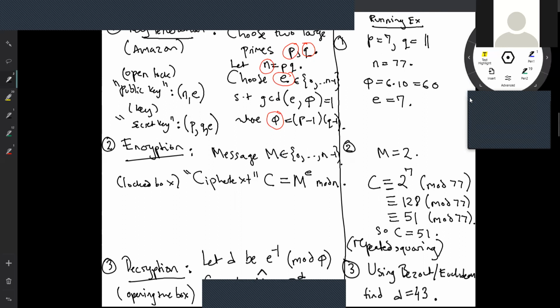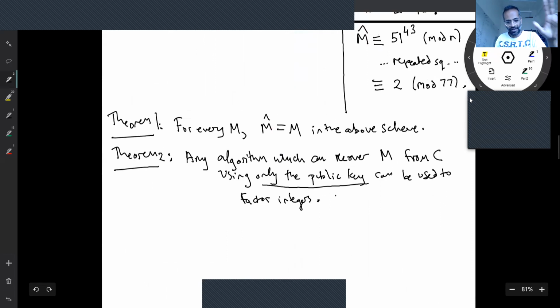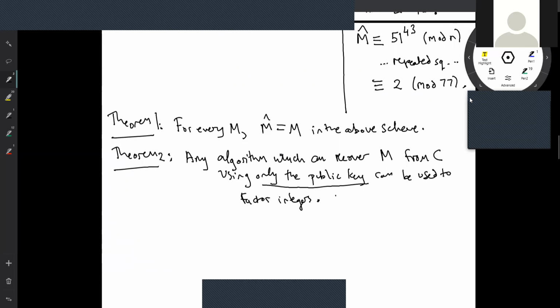Is the point of theorem 2 just saying that if you had some other algorithm that could somehow get by the complications of the scheme we just outlined, you might as well do the scheme itself? Exactly, no. The point of theorem 2 is saying that there's no way to break the scheme other than by factoring large integers. And we believe that's hard.